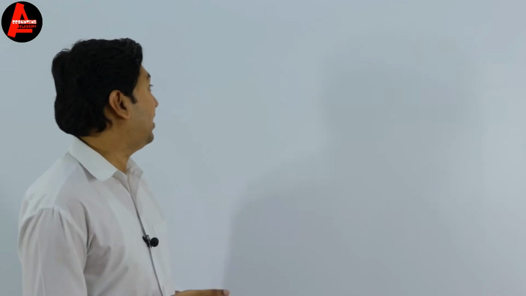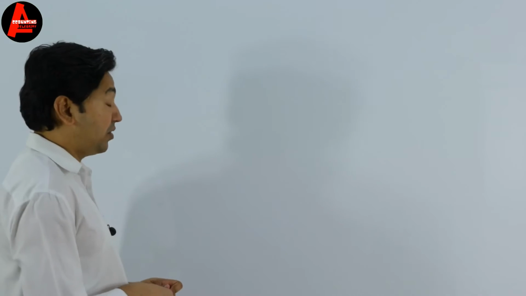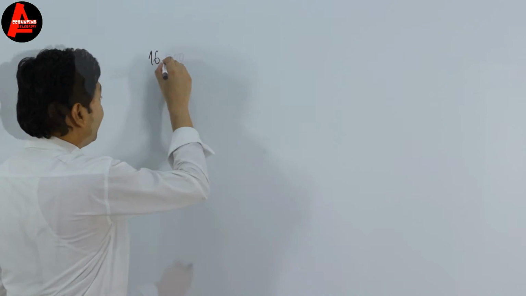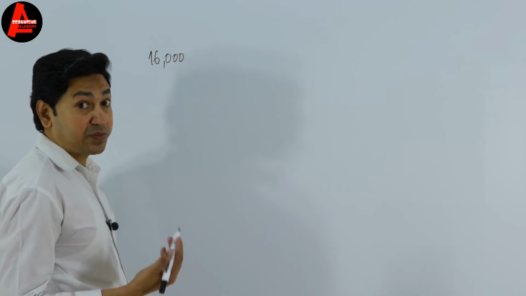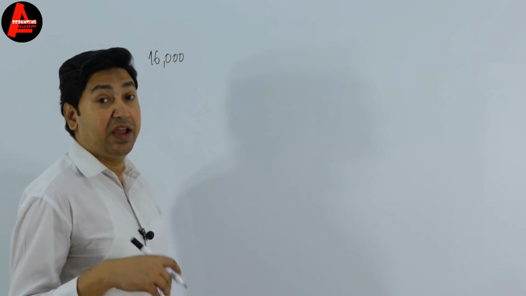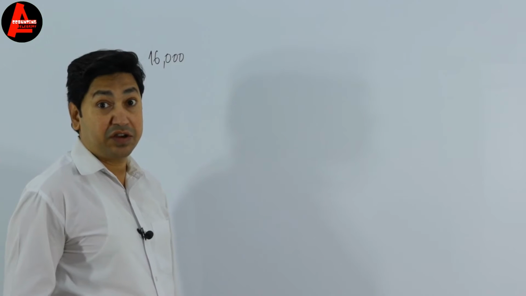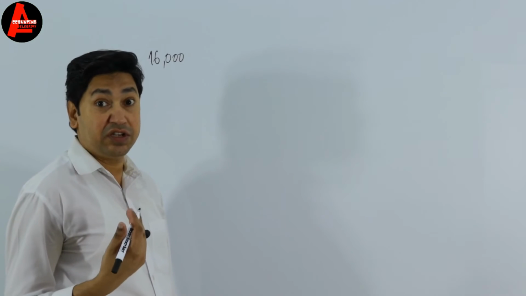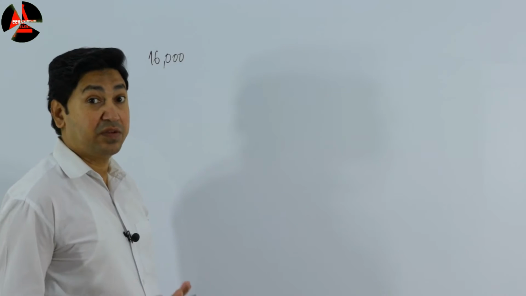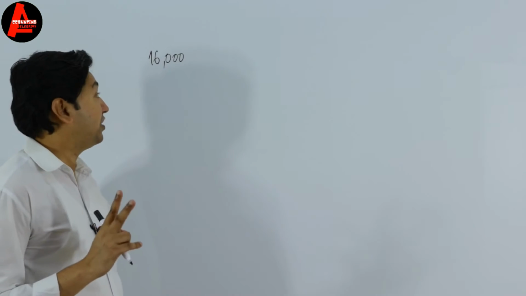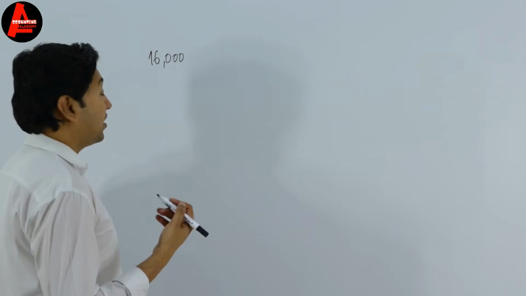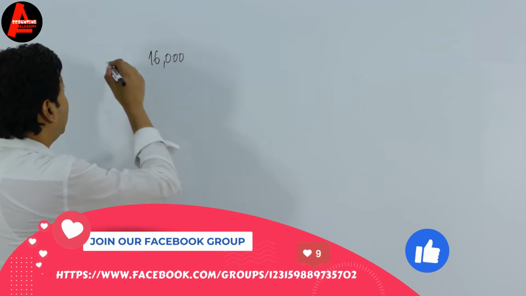Here the cost price of the motor vehicle was $16,000, and this is the cost price on 1st September 2020. Now in 2022, she is going to dispose of this asset. That means she already used this motor vehicle for 2 years.